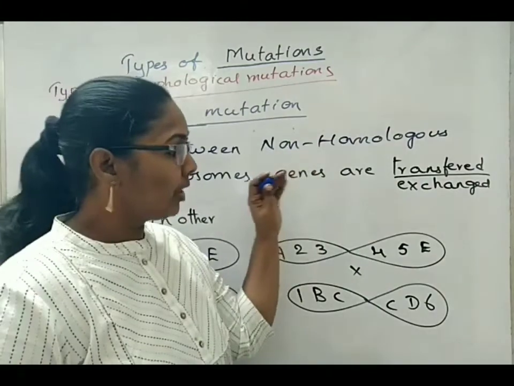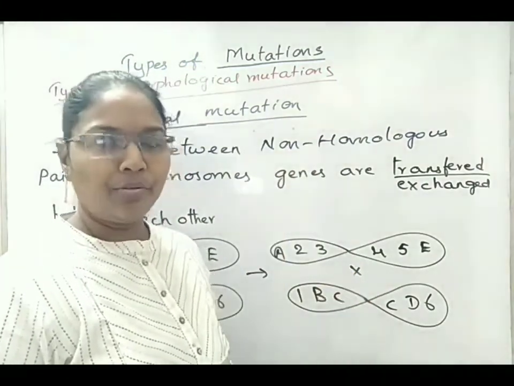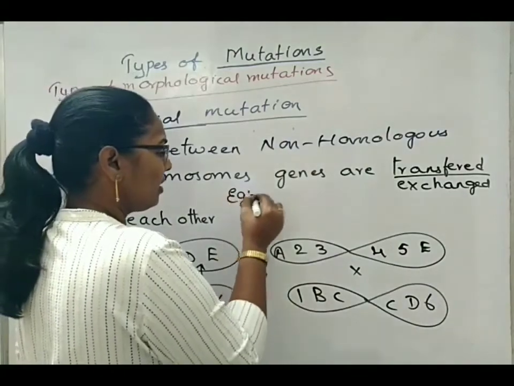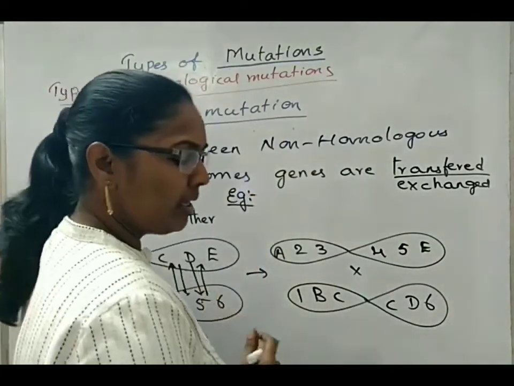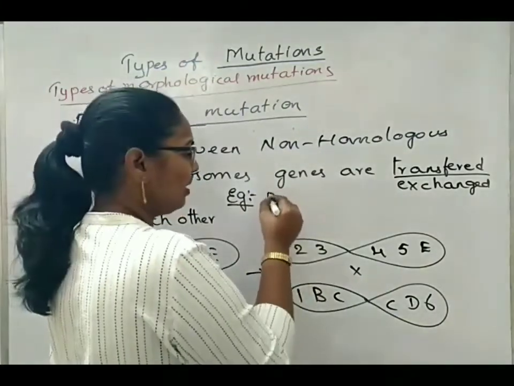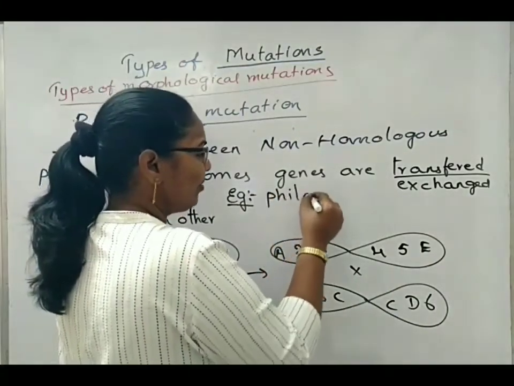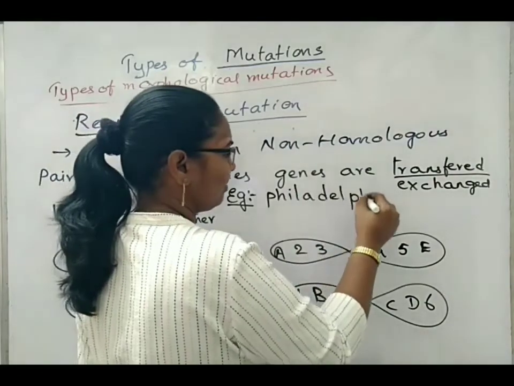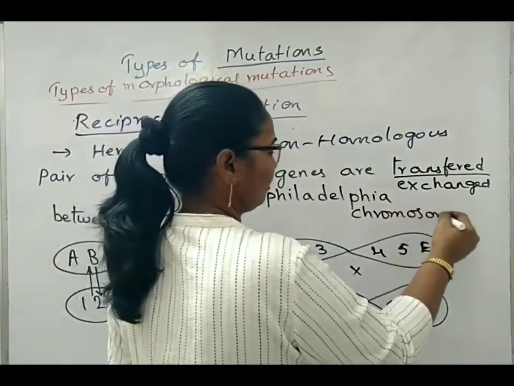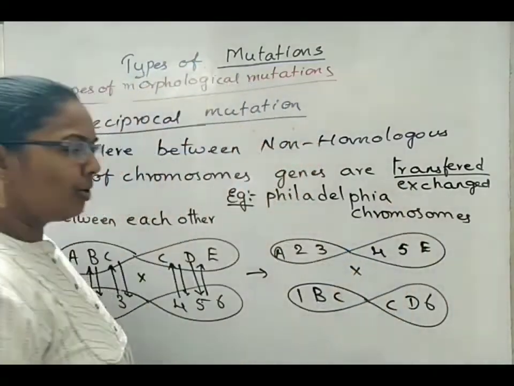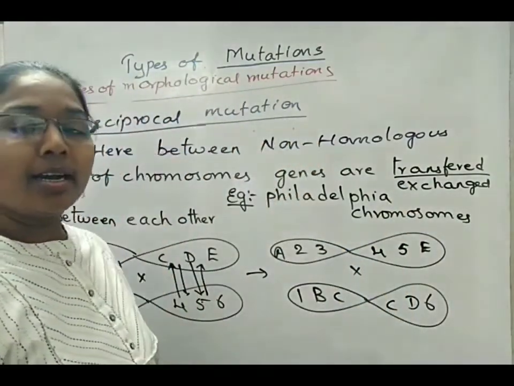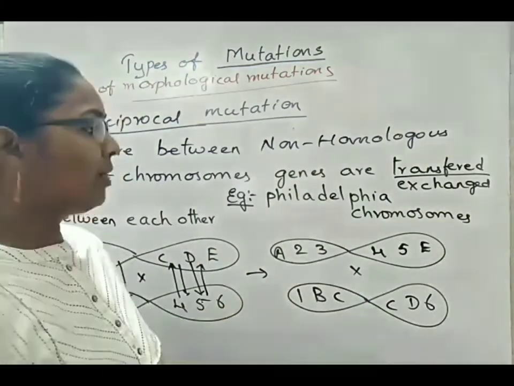Now, reciprocal mutations happen between what type of chromosomes? If a question was asked, the answer will be the chromosomes are termed as Philadelphia chromosomes. These non-homologous chromosomes which are responsible for reciprocal mutations are termed as Philadelphia chromosomes.